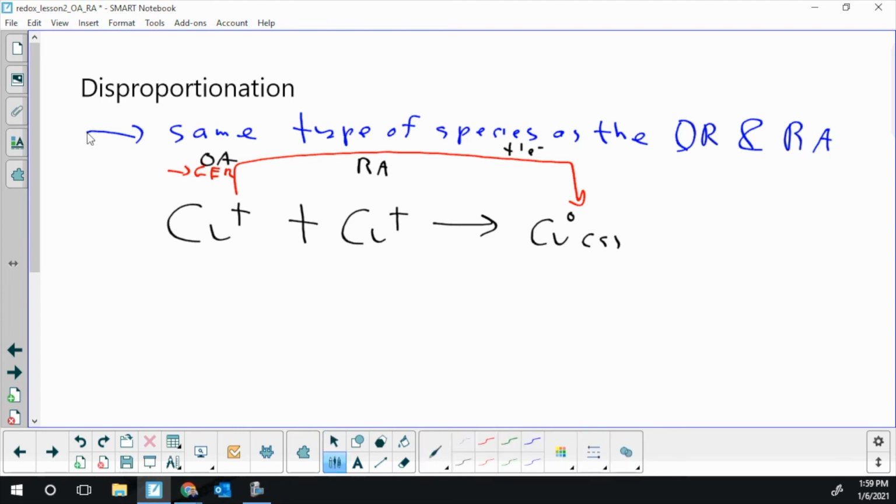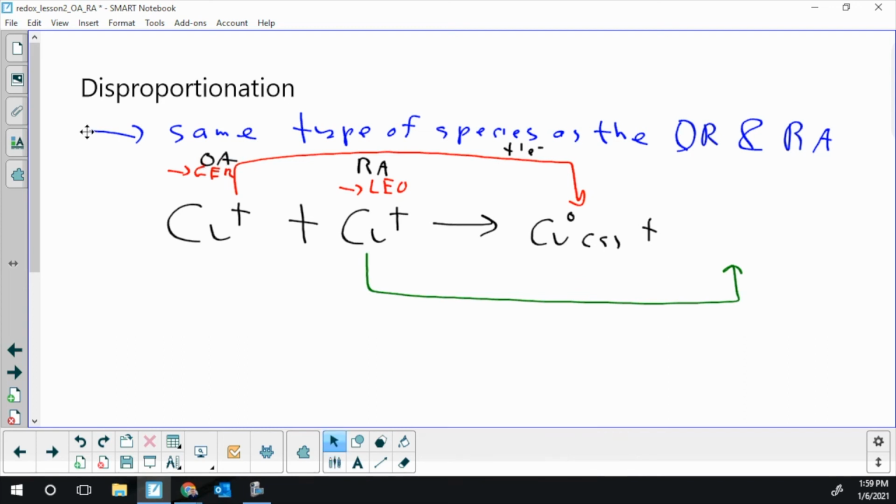If I look at the reducing agent one, okay, the reducing agent is going to cause reduction in the other chemical. Itself is going to be the LEO. It's going to get oxidized. It's going to lose an electron or 2. And we have to look in our table to see what possible charges are there greater than +1.